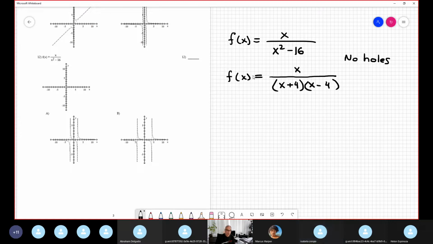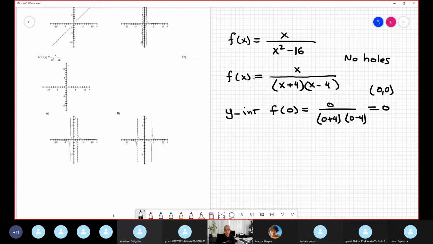Yes. Now, what is the next step? Finding the Y-intercept. Exactly, and the formula is this. I'm plugging in 0: 0 divided by 0 plus 4 times 0 minus 4. It's all 0. So the point 0,0 is both the x- and y-intercept. Now, the x-intercept is the same.